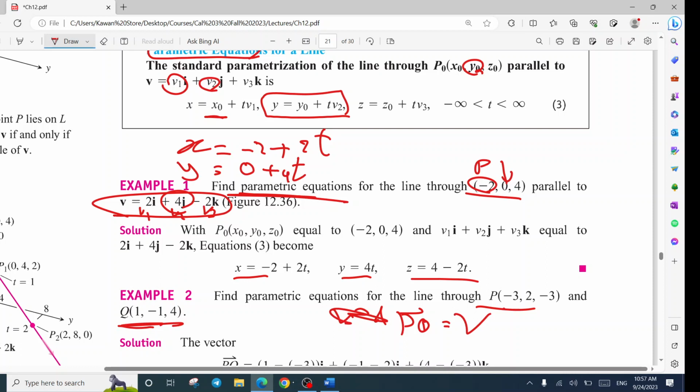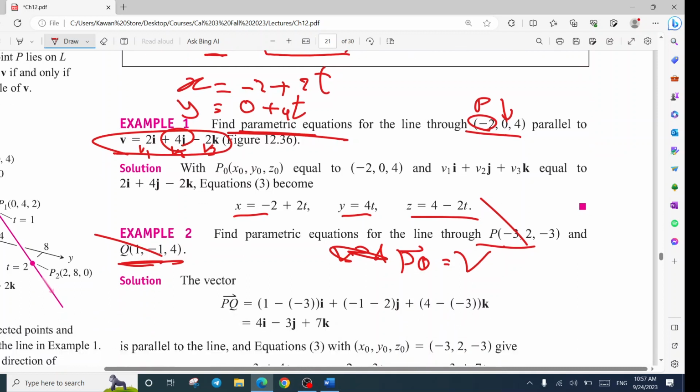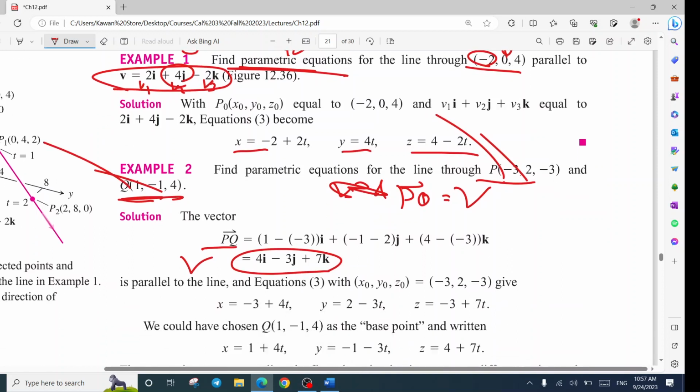Then later on, I am free to use whatever I like, this as a point or that one, up to you. So now you have 2 options for the point, but you need to find one to construct the vector. That's why we are going to use PQ. That's my vector. And I am free to use Q or P, then you'll get the result.